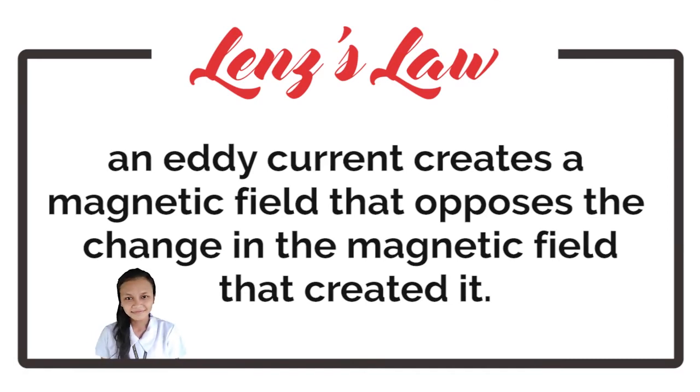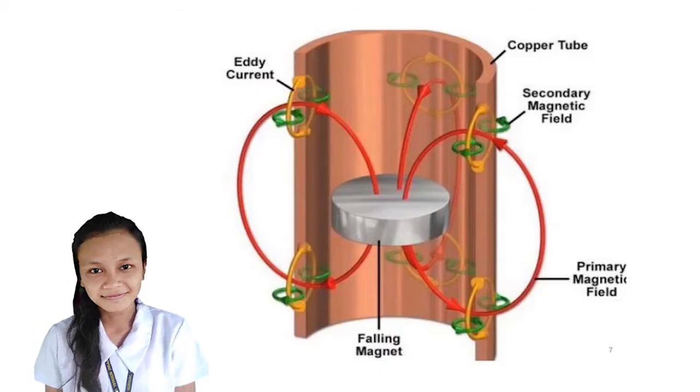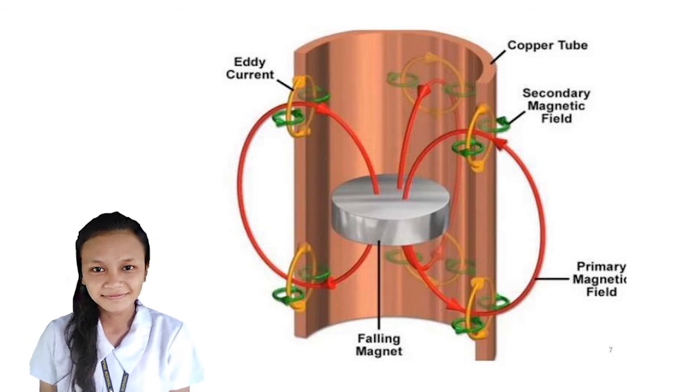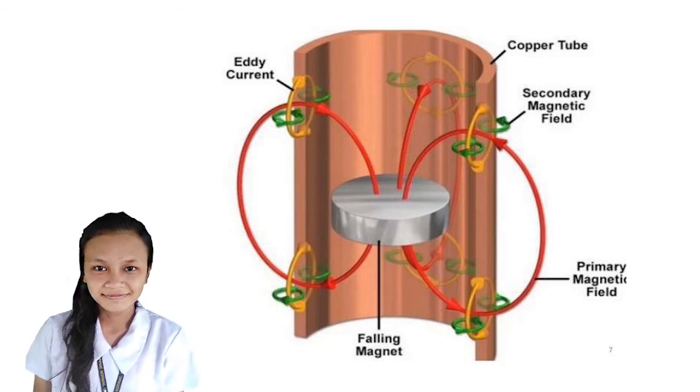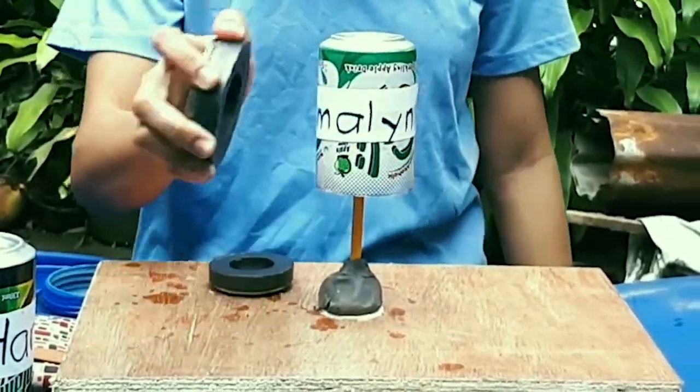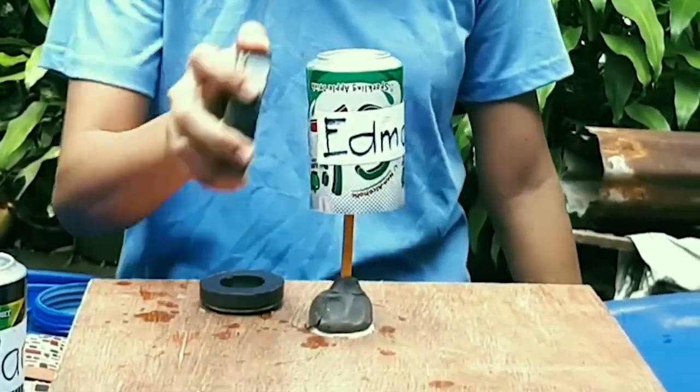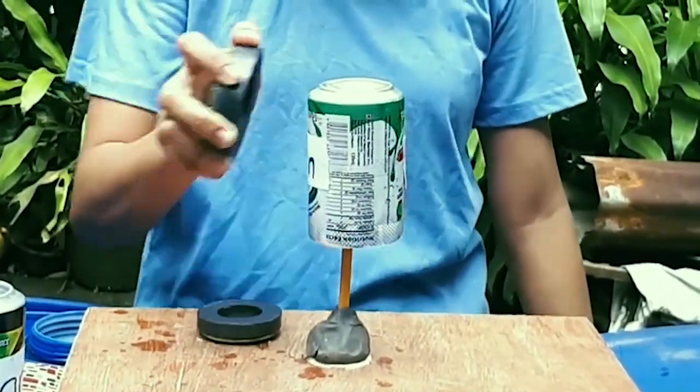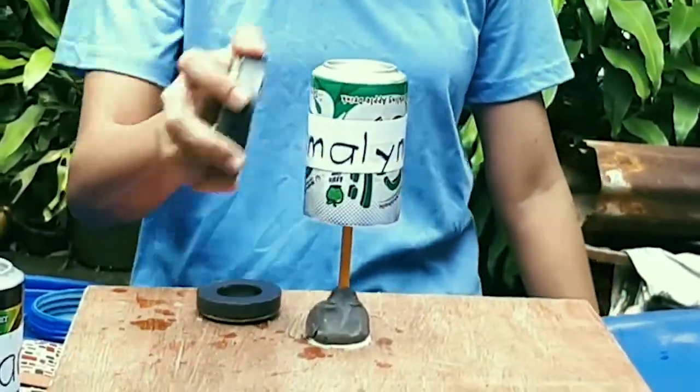By Lenz's law, an eddy current creates a magnetic field that opposes the changes in the magnetic field that created it, and thus eddy currents react back on the source of the magnetic field. For example, a nearby conducting surface will exert a drag force on a moving magnet that opposes its motion, due to eddy currents induced in the surface by the moving magnetic field.